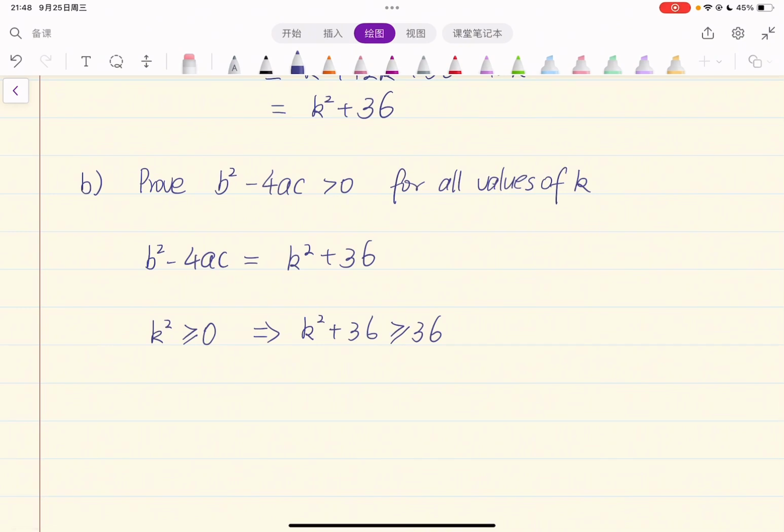It means that k squared plus 36 is greater than 0. Be aware of that. It cannot equal 0. If it equals 0, it will have one repeated root. So here, you must write greater than 0. Don't add the equal.